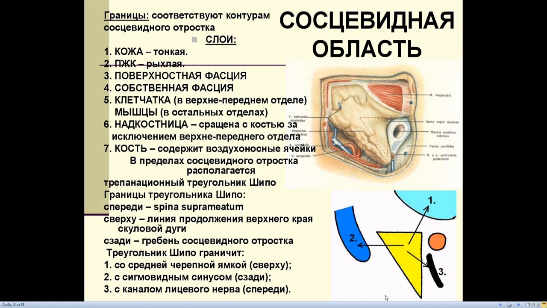Some special features in the structure of the face. It is an open part of the body. All the nerves, arteries and veins are present on the face more superficially.